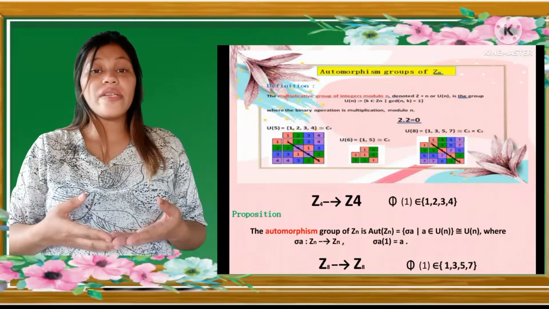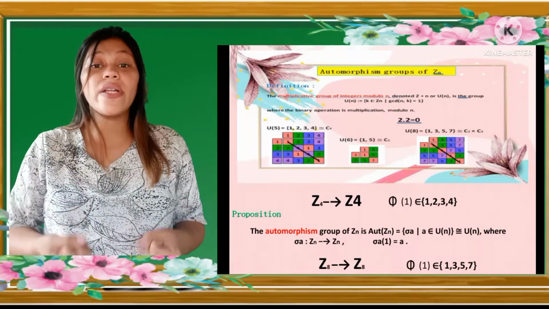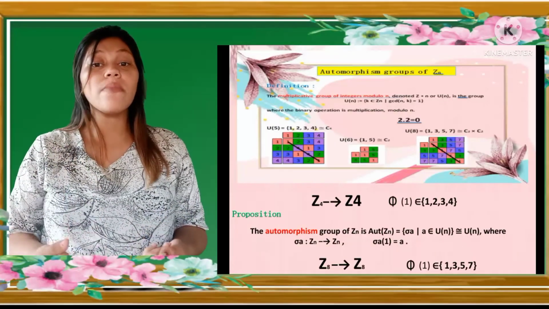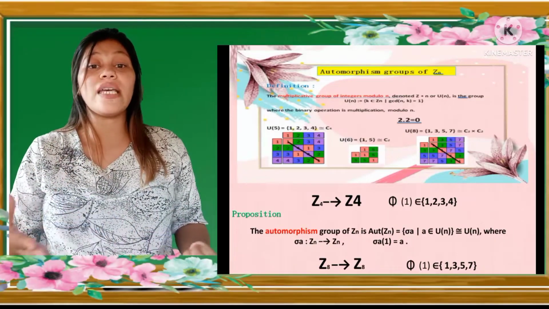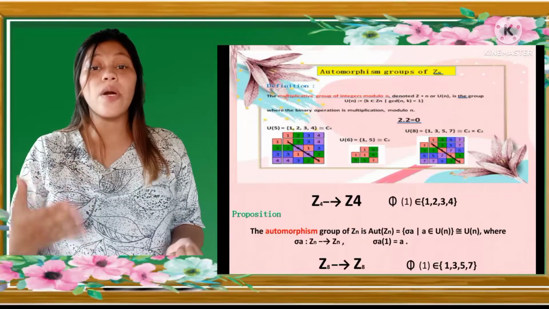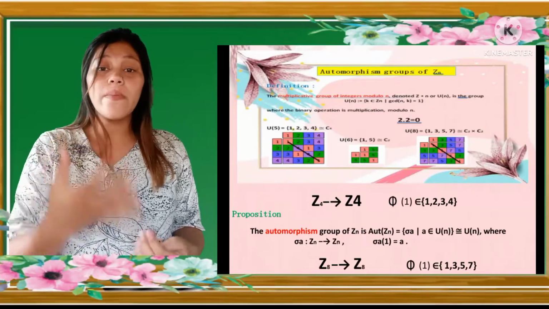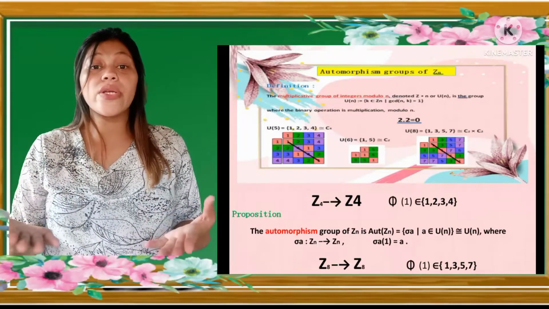And composition of these maps is essentially just multiplication of the corresponding numbers. So the actual multiplication table of the automorphism group is what we would get if we had this table, but instead of the numbers, you would put sigma sub the numbers.